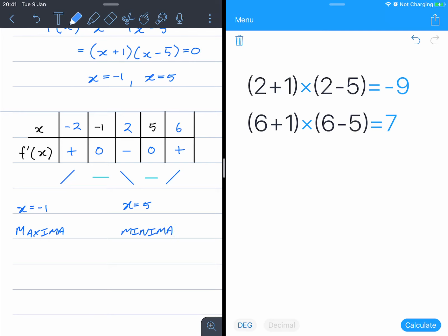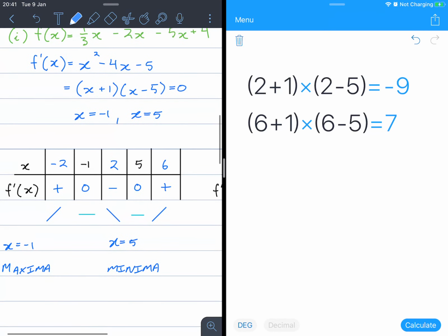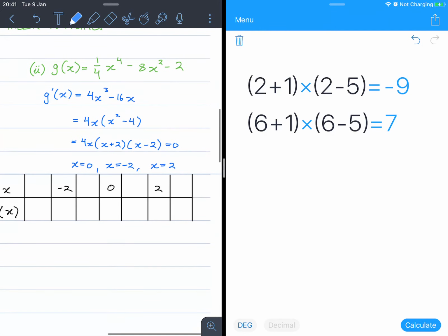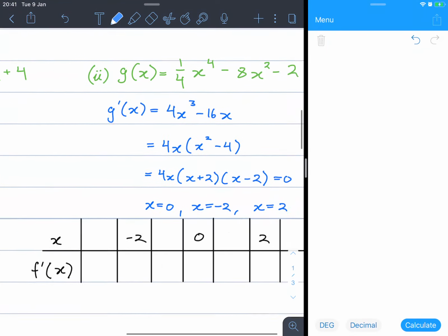We don't know the y values for those points using this method. If we wanted to, we could substitute those values back into the function to find their y values. But all we're looking for is whether they are maxima or minima. Let's move on to the next example.